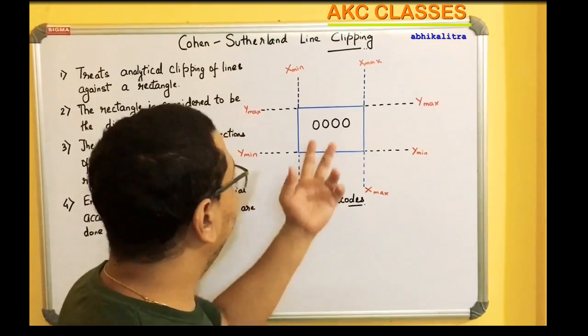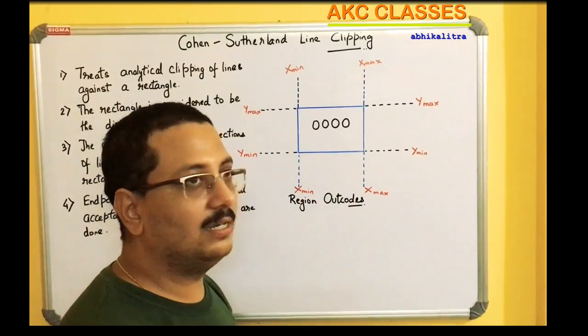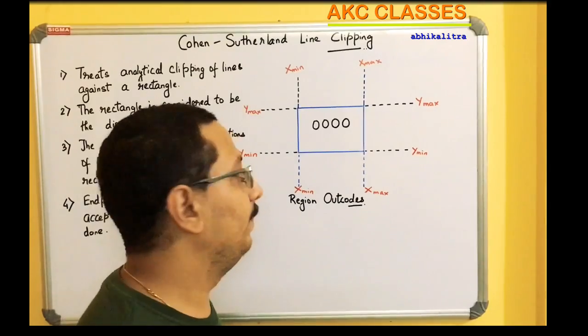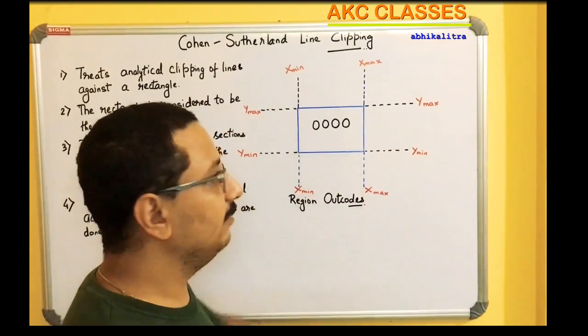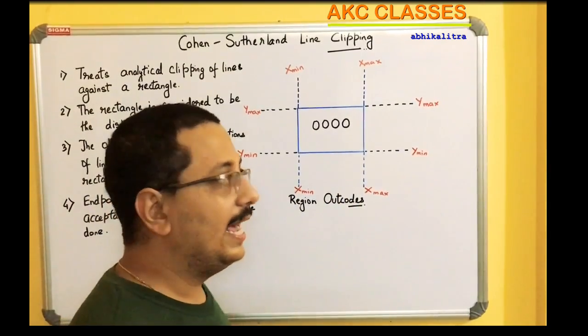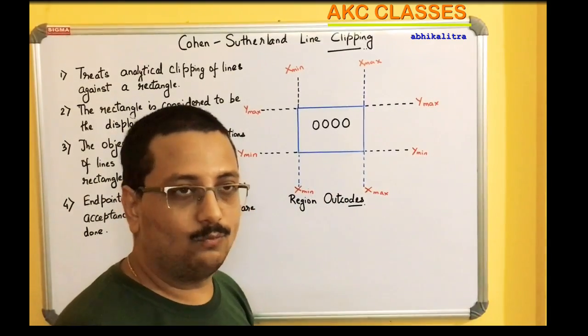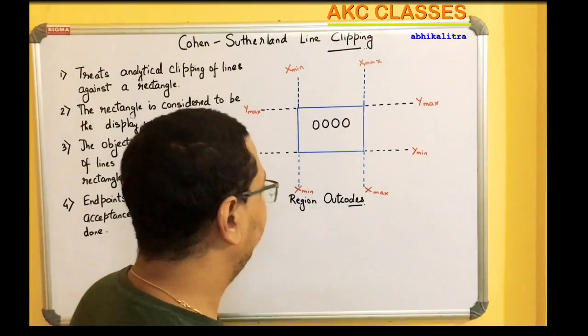Now in the middle of this rectangle, I have written the value 0, 0, 0, 0. What is this code? This is basically termed the region out code, and this code has a certain formula for forming it. What is that formula? We will see it first, right?